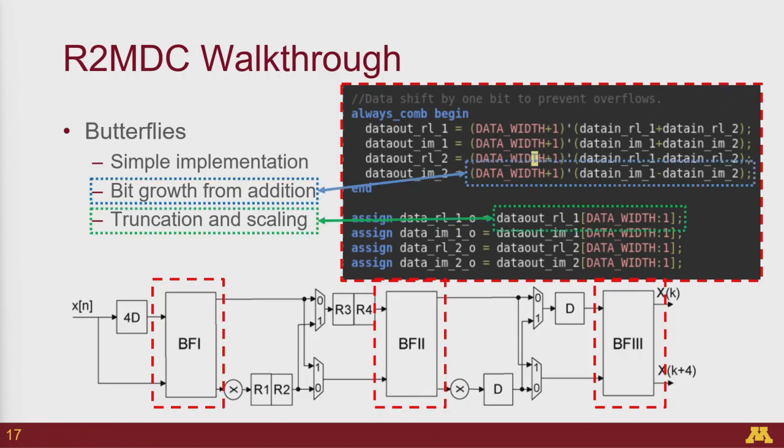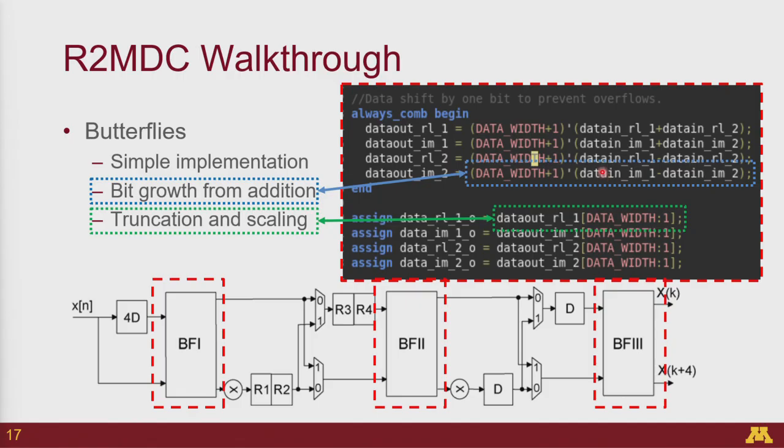Now, like we discussed earlier, because we are working in fixed point, each adder needs bit growth and truncation, and that is what this is showing. When you add 2 data width numbers, your final result will be data width plus 1.